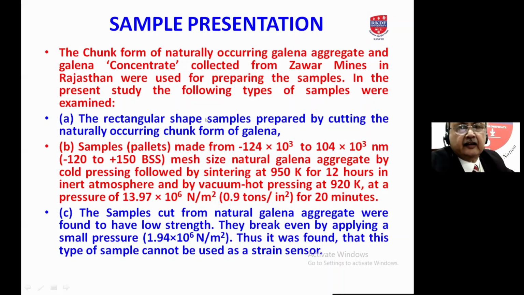A rectangular sample was prepared by cutting the natural galena, but its strength was very low, so it was not used for the pressure transducer.